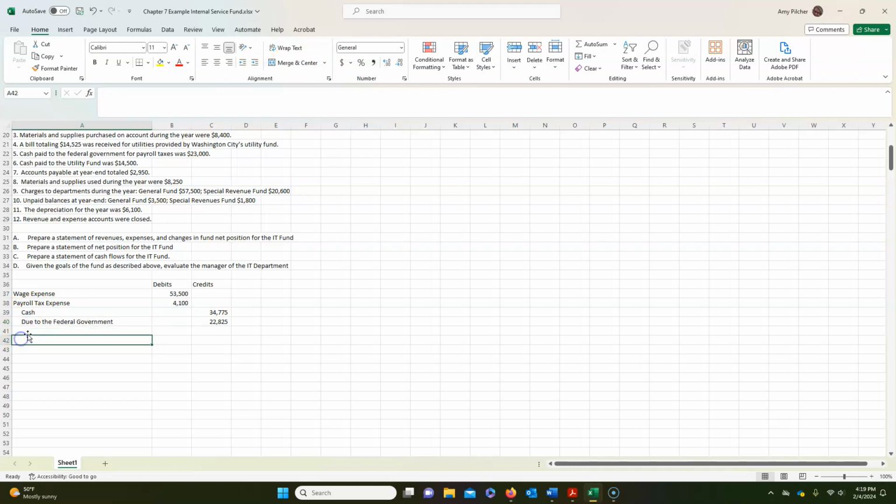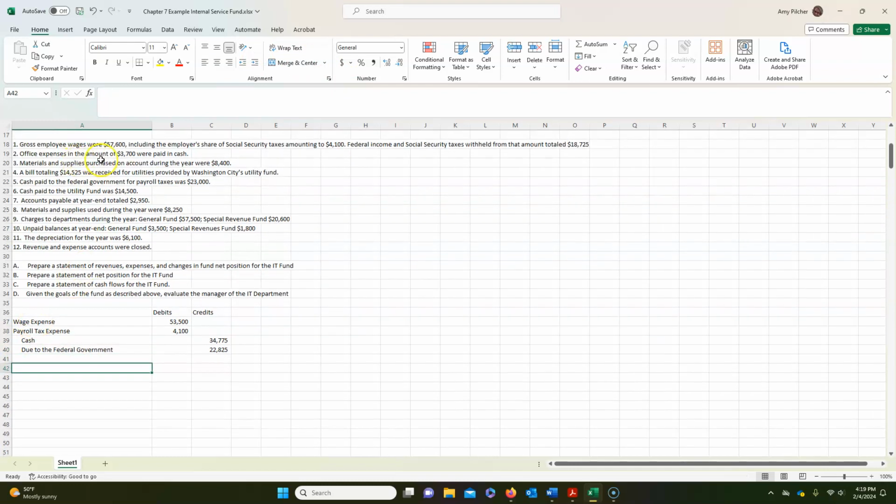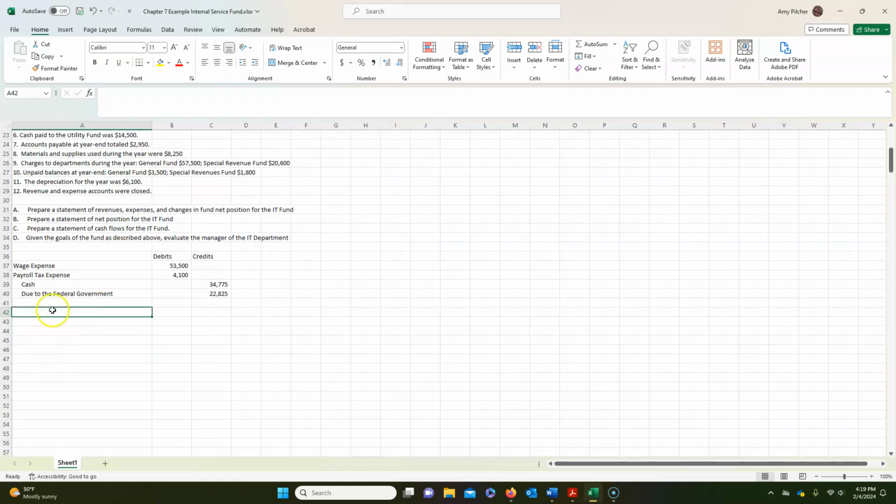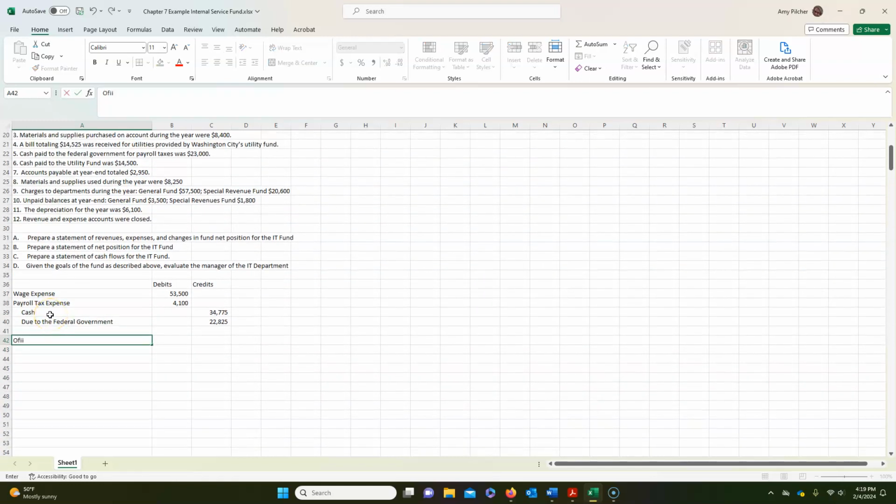Okay, transaction 2, office expenses in the amount of $3,700 were paid in cash. Transaction 3, we had a bill totaling $14,525 received for utilities provided.